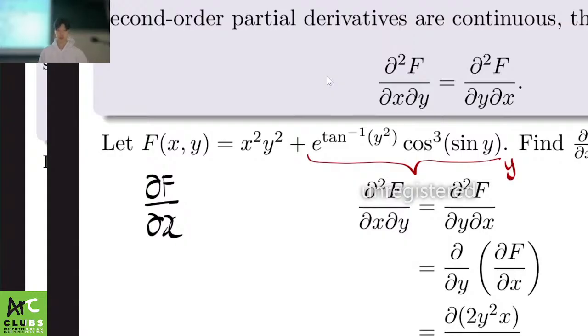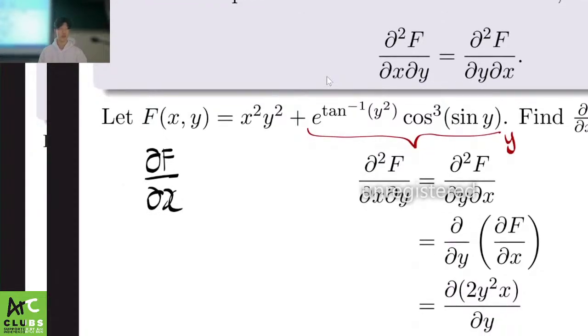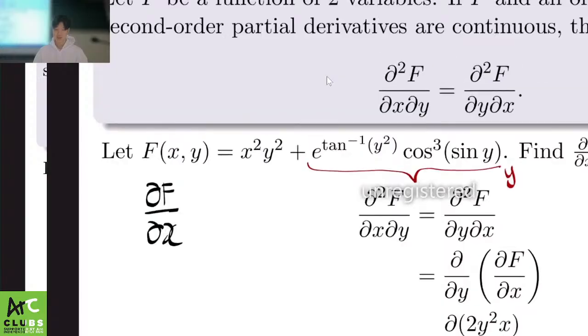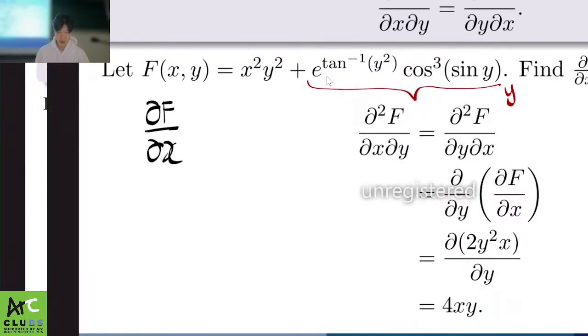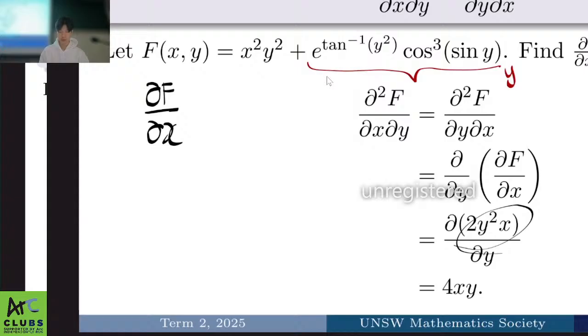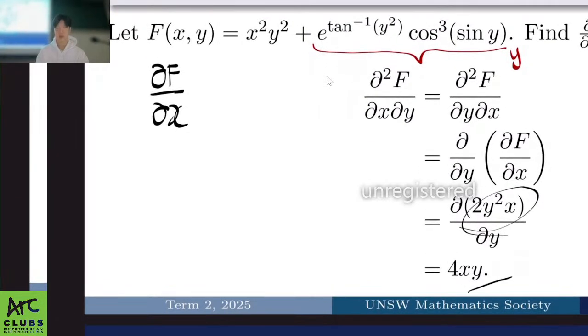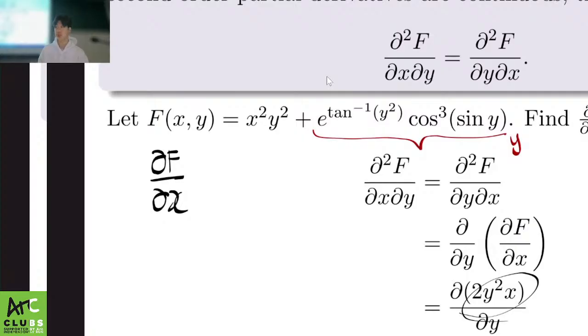Because when we partial with respect to x, all the y's are treated as a constant, and differentiating a constant gets sent to 0. So the e term here will all be 0. The x squared y squared gets turned into 2y squared x, and then taking the partial with respect to y, we get 4xy. So the mixed derivative theorem tells us we can actually do it in any order we want.